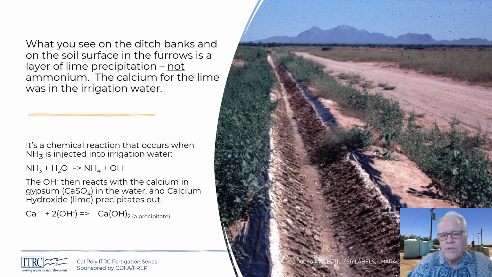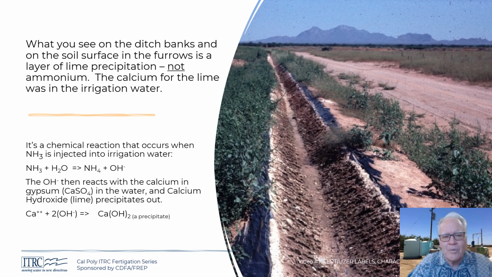There's even an old University of California publication, believe it or not, that has some recommendations on how to seal leaky concrete pipe. The recommendation is to inject anhydrous ammonia into the water in these old concrete pipes. Calcium drops out, basically makes concrete, and then seals the holes. At least that's the way it's supposed to work.